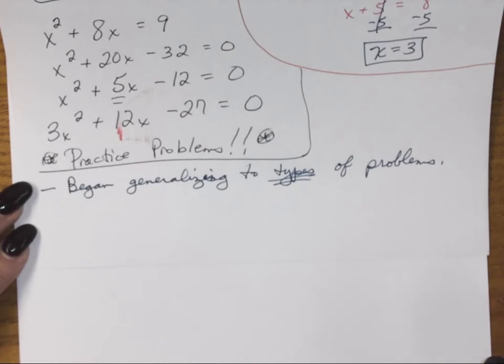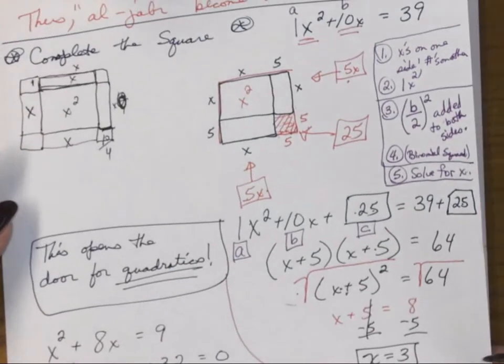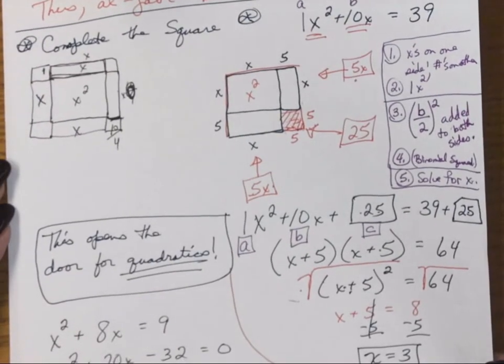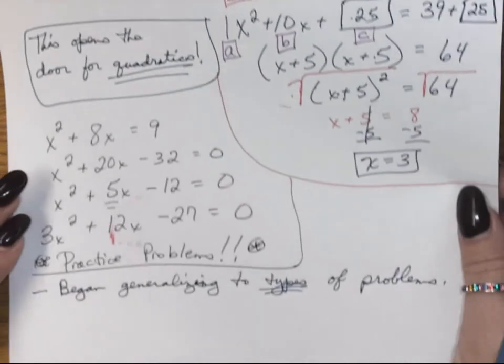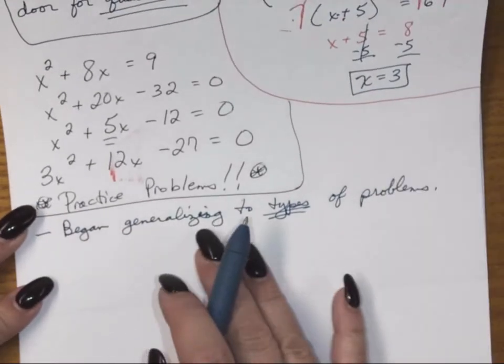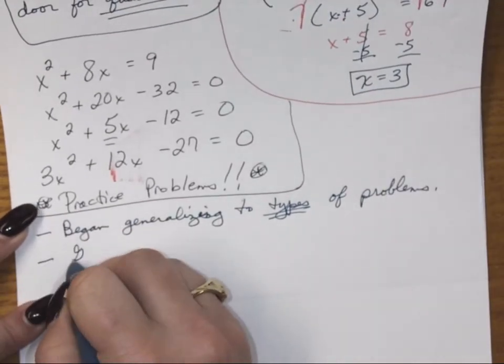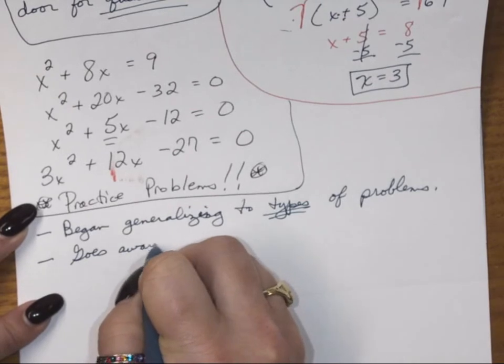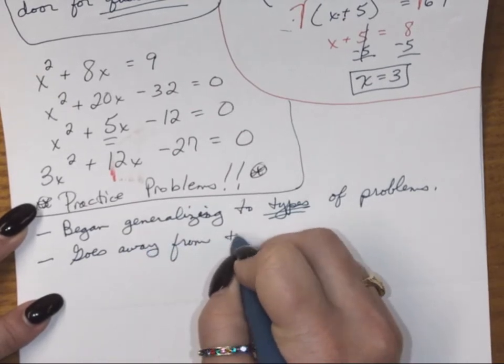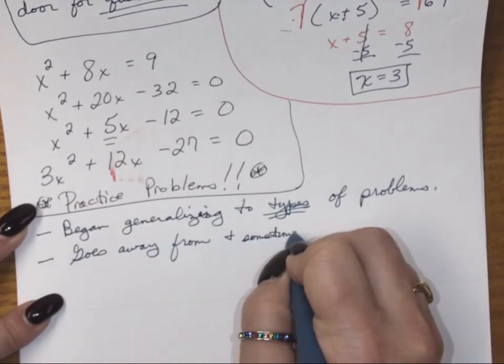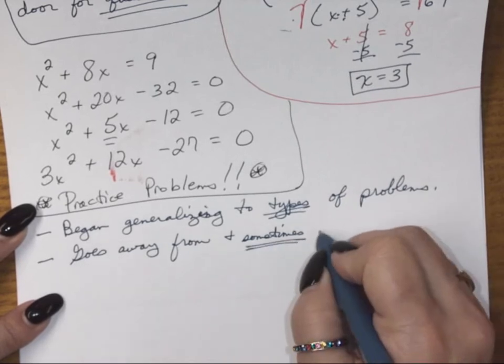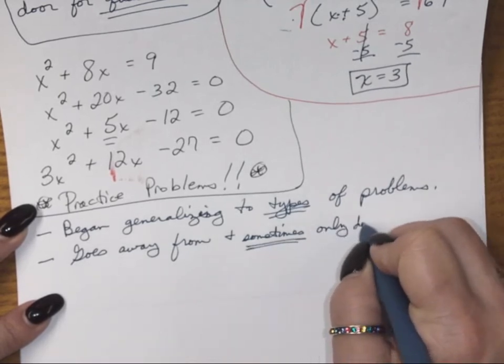So in order to solve the quadratic, what we see is that Al-Khwarizmi is sometimes going away from the geometry. He starts by developing the geometry and then creates the algebra that goes with it. But with this generalizing, he goes away from the geometry, sometimes getting away from the Greek method, and only does algebra.